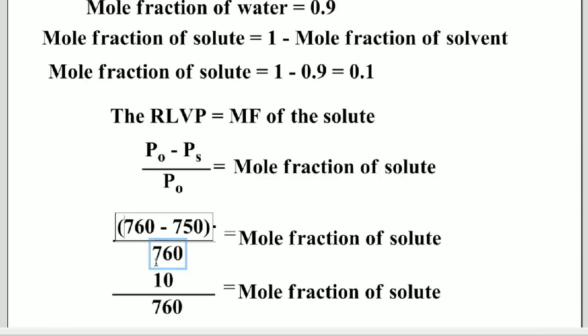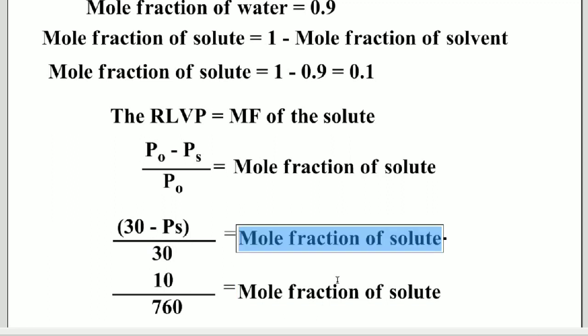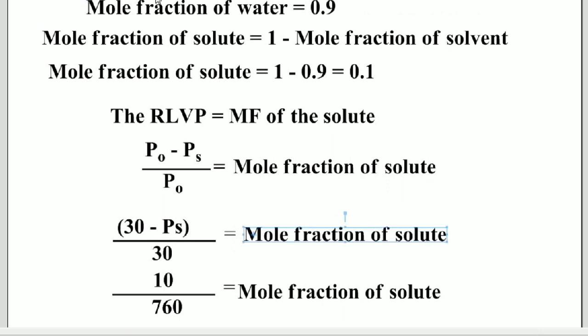So (30 minus PS) by 30 equals the mole fraction of solute, which we just found as 0.1.